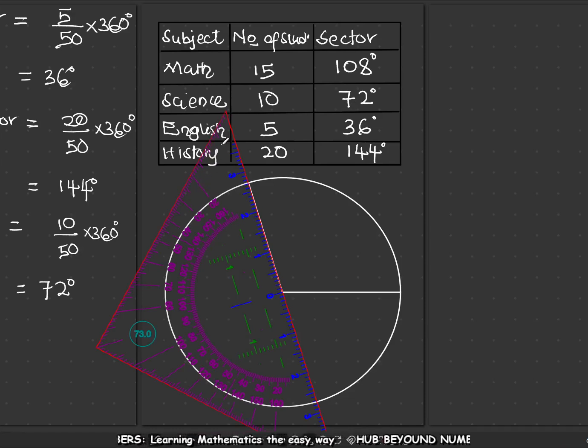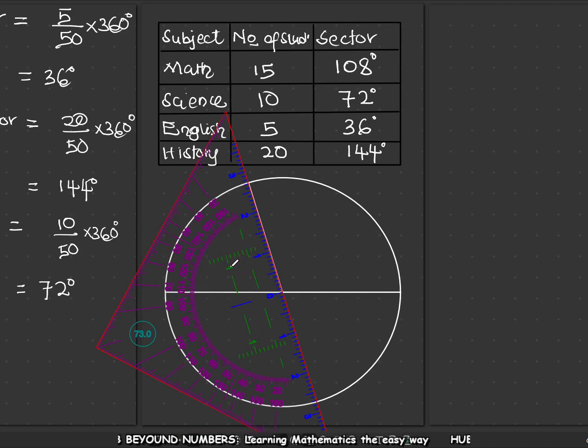So once again, I know I have my 0 here and I have my 90 here as well. What I want to measure is 72. So this is 70. 70 is around this spot. Hence, my 72 is going to be just 2 points away. This over here. So I just end that over here nicely. This here is my 72.